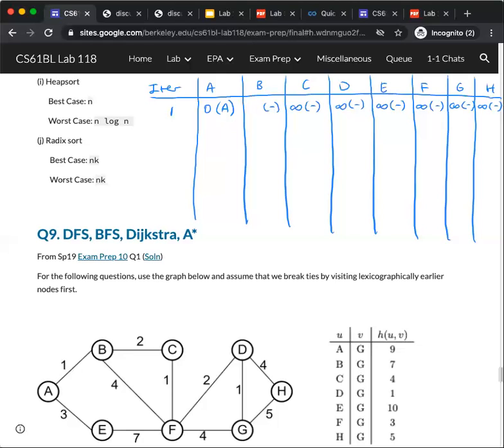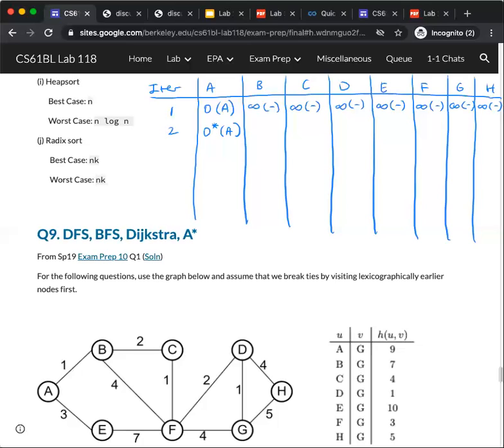Actually, sorry, this should be in the second iteration. The updating comes in when we pop off A from our priority queue. The popping off of the priority queue denotes that the shortest path distance for that vertex is fixed forever. We're not going to go back and change it later on. We can't.